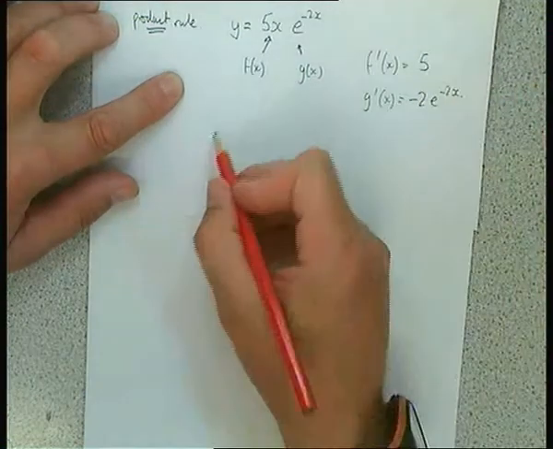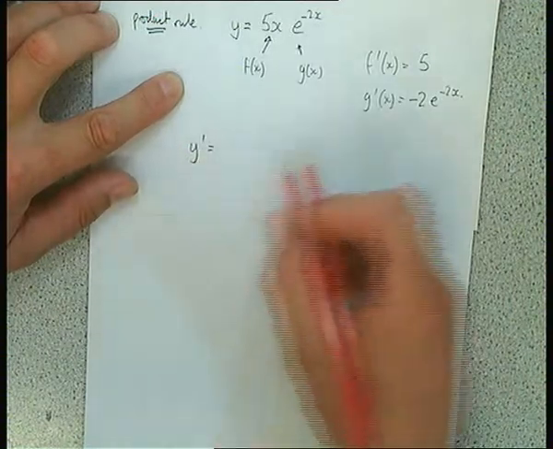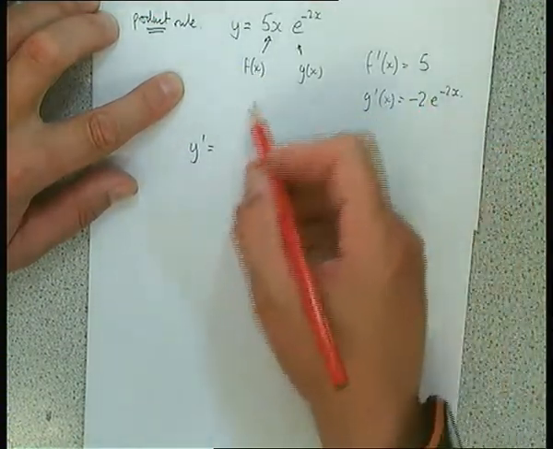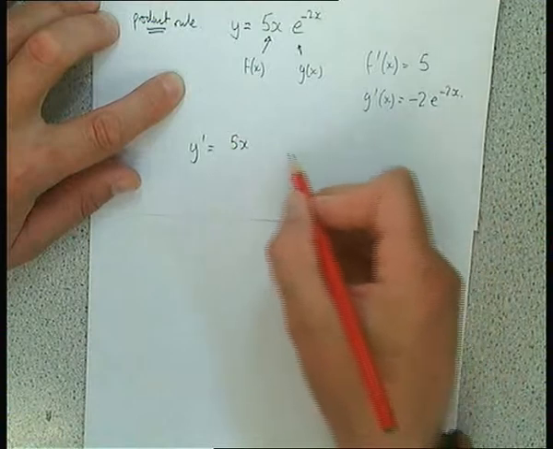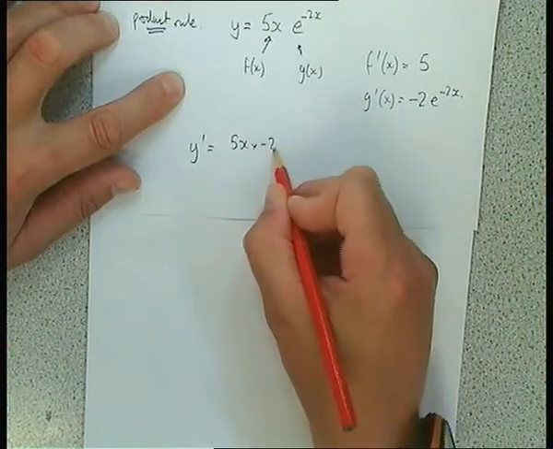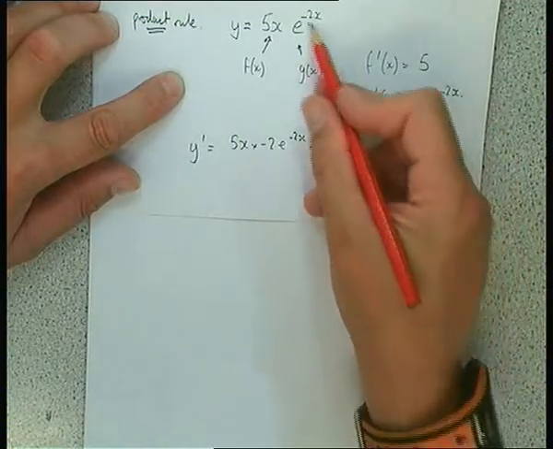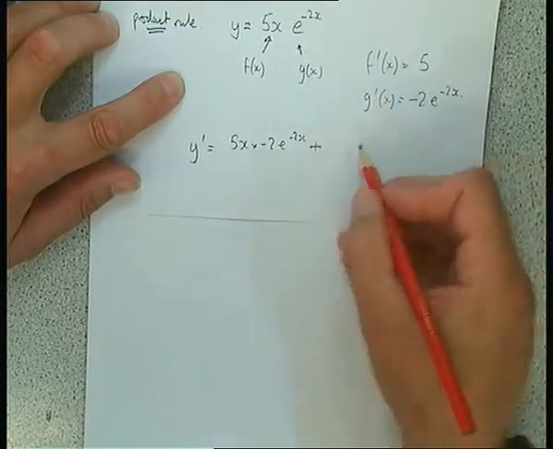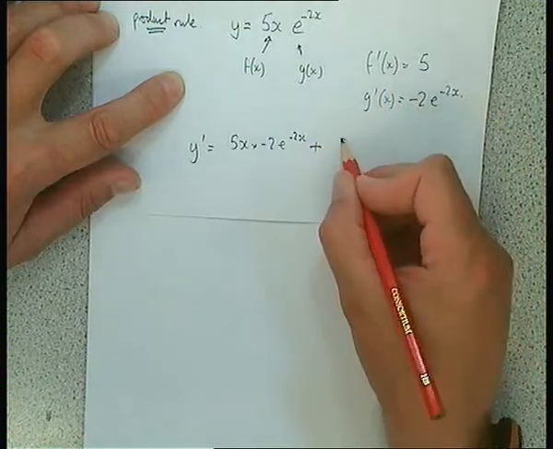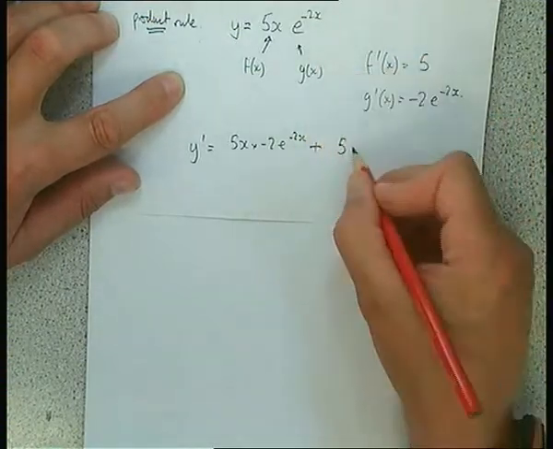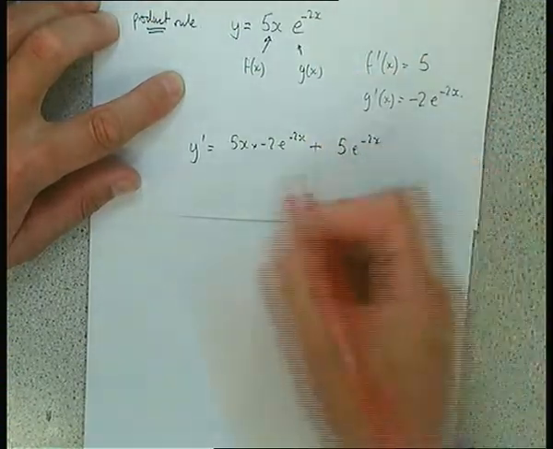Okay, and so if I use my product rule, 5x times minus 2e to the minus 2x plus, f dash of x, 5 times e to the minus 2x.